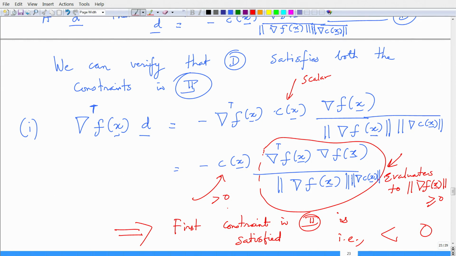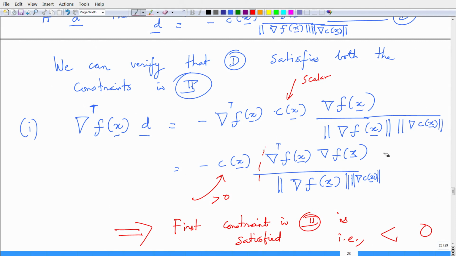So, I land up with del f transposed times del f upon norm del f times norm del C. This evaluates to norm del f, since in the numerator you have norm del f square upon norm del f.